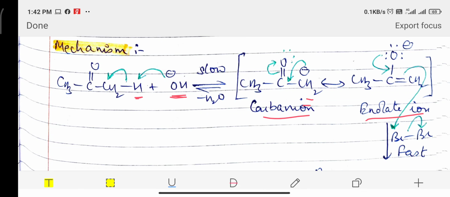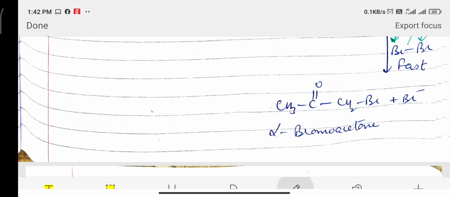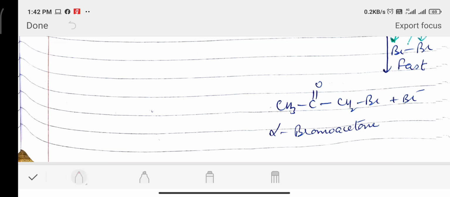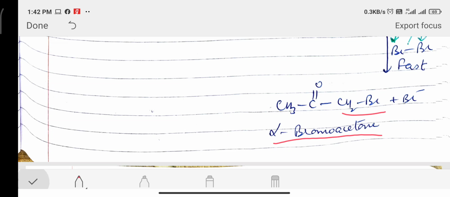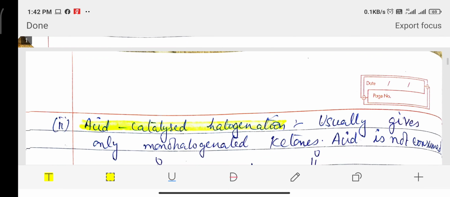Br gets attached to the carbon carrying the negative charge, that is, we get alpha bromoacetone. And then if this step is repeated, the second hydrogen will be replaced, then the third hydrogen will be replaced.